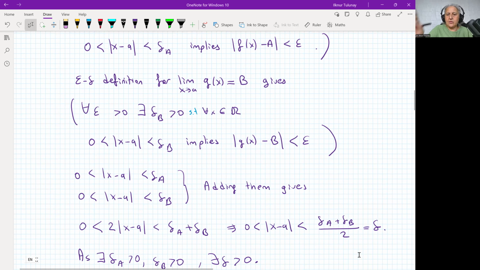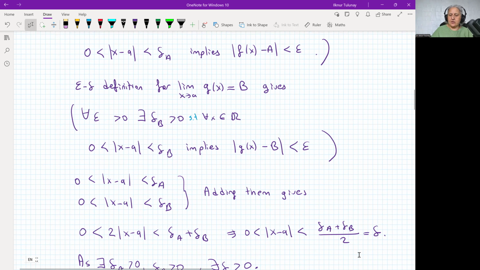So we would like to find out the limit of the addition of these two functions as x goes to a. This is given and this is given. So these two given inequalities should imply the summation of the inequalities of this and this. So let's start from there. These are given to us, and we can add both sides. So we have 0 here, we have 2 here, and we have delta A plus delta B here.